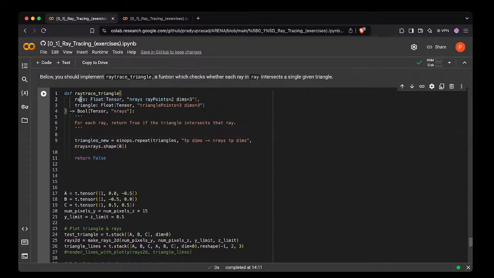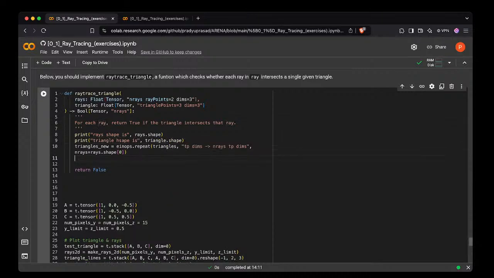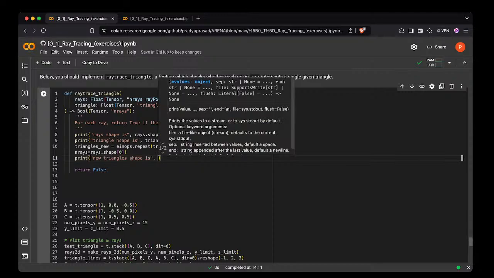Print their shape is, triangle dot shape. Print new triangle's shape is.